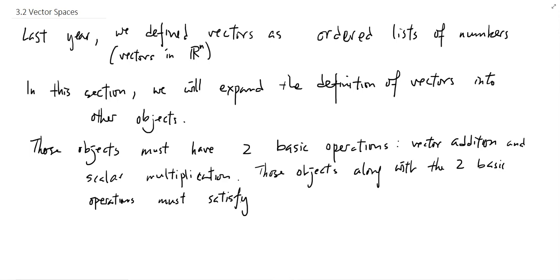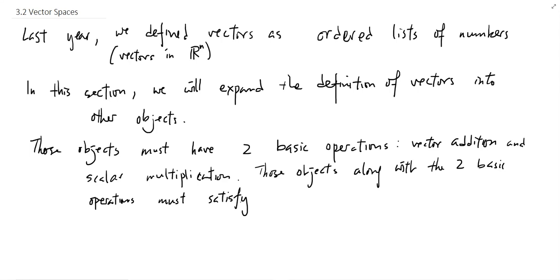We want it to be the same as what we have learned already with vectors in Rn, but just expanded to other objects. We don't want to expand to other objects but restrict what we're allowed to do. We want to use what we already established about vectors in Rn to expand to these unusual objects that we don't think of as vectors.